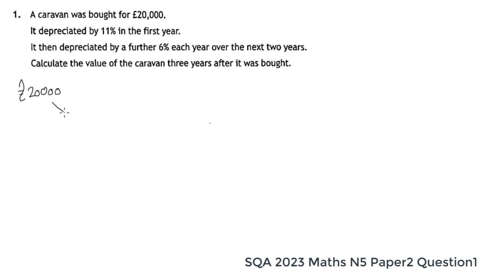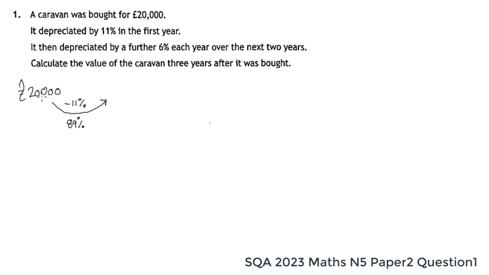and then during the course of that first year it's depreciated 11%, so it's lost 11% of its value. However, it must have retained 89% of its value. If it loses 11%, then it's retained 89%. That 89% and 11% comes to 100%. That's the whole value.